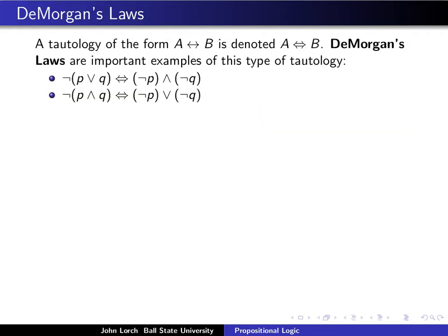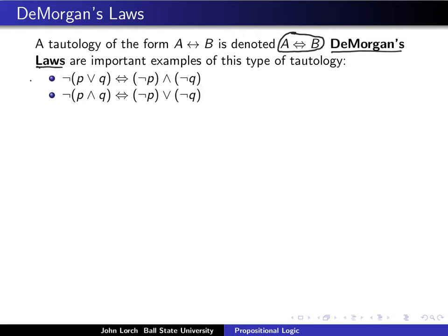So here we have a bit more notation involving tautologies. In particular, if we have a logical equivalence tautology, A if and only if B, that will be denoted with a corresponding double wide arrow. So here we have some examples, De Morgan's laws.